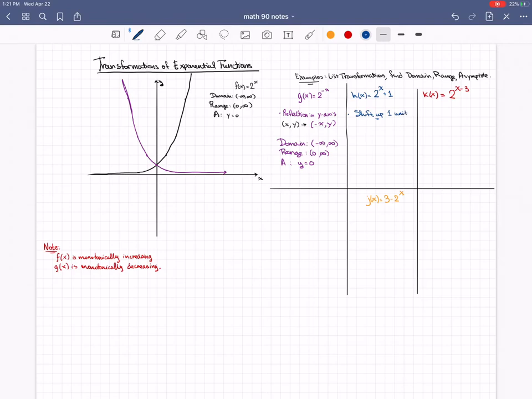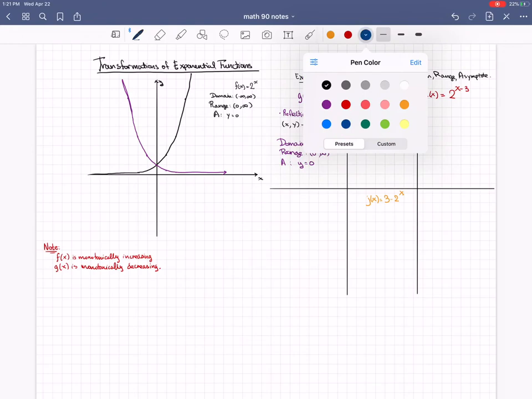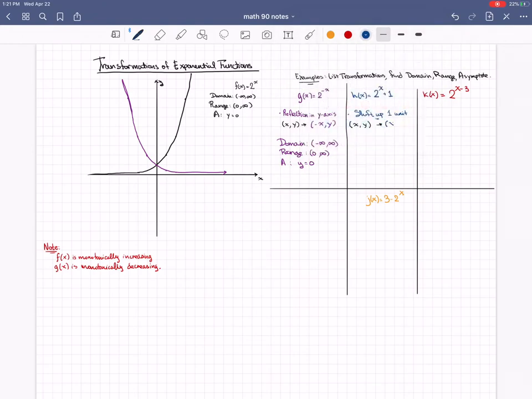Again, thinking about points, shifts up impact the y-coordinate. The x-coordinate stays the same, but the y-coordinate increases by 1. So if we go back to our graph here, the point 0, 1 goes up to 0, 2.